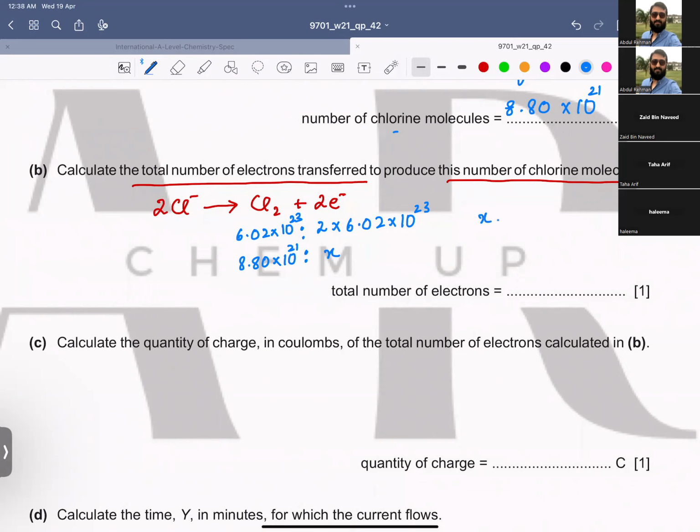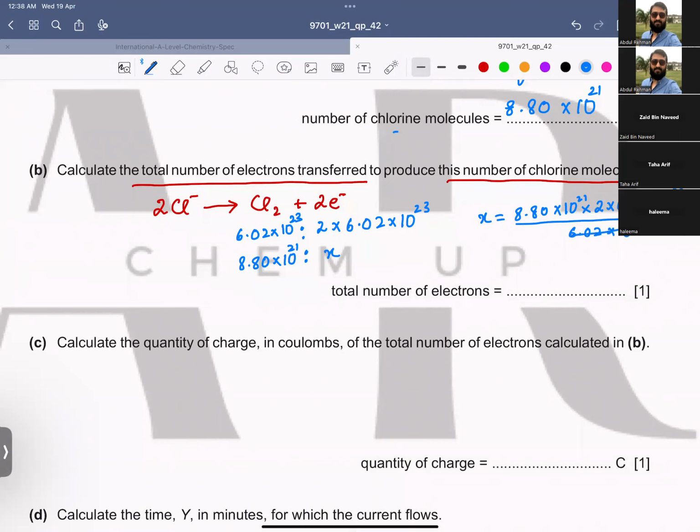So the value of X would be 8.80 exponent 21 multiplied by 2 times 6.02 exponent 23, divided by 6.02 exponent 23.